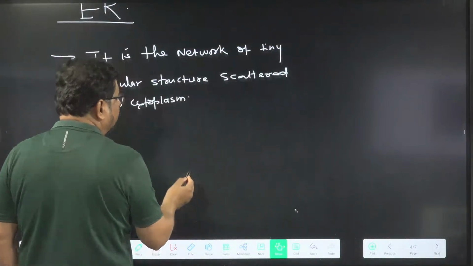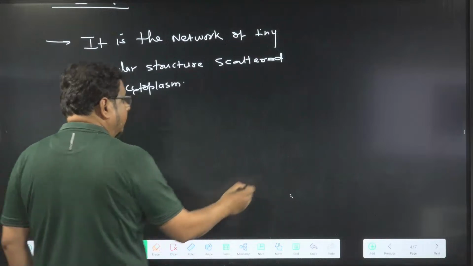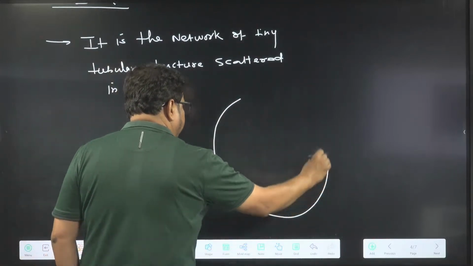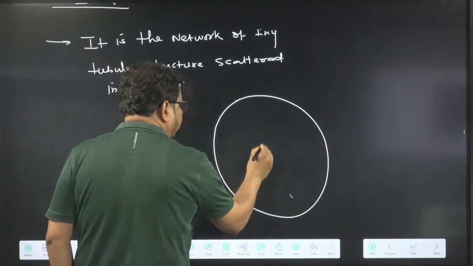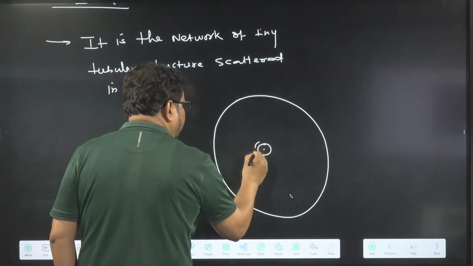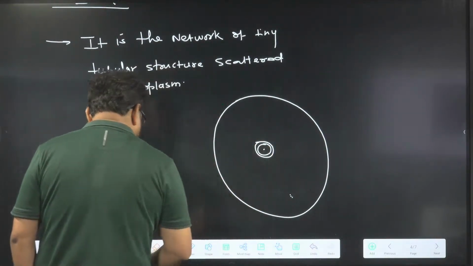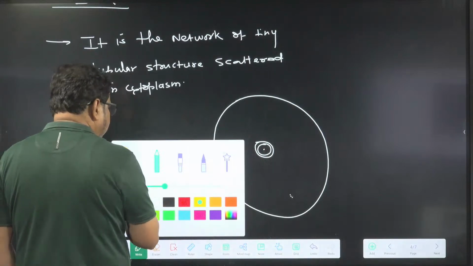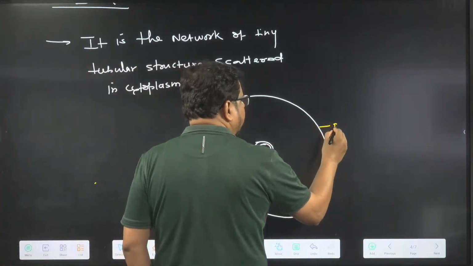If you want to see the structure of it, just give your attention toward this diagram. This is the nucleus, and this is the plasma membrane.